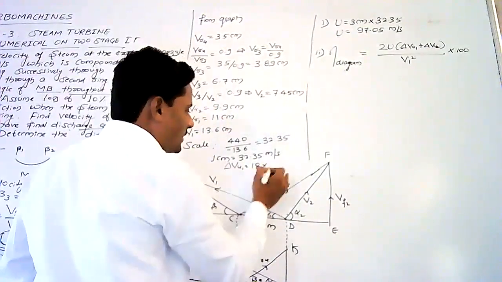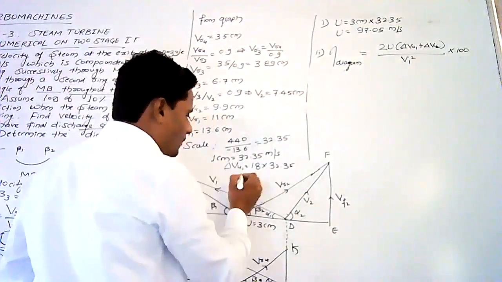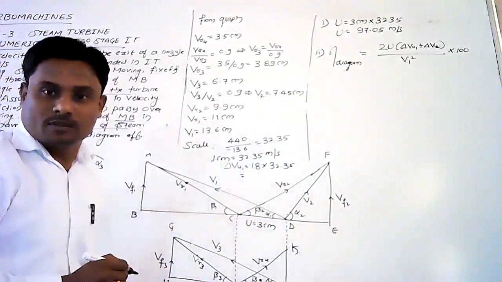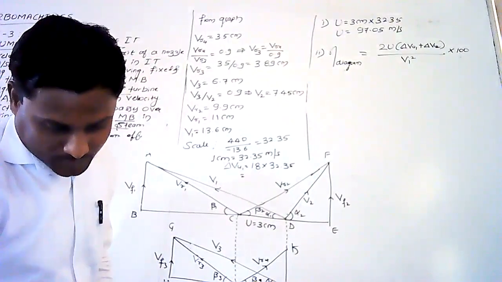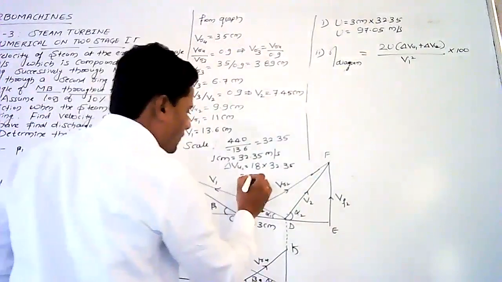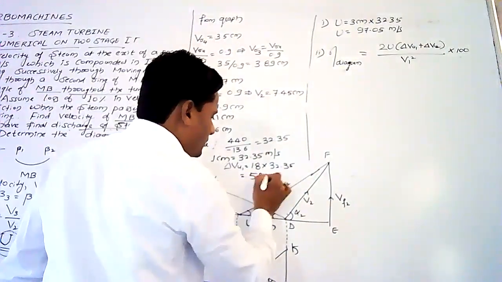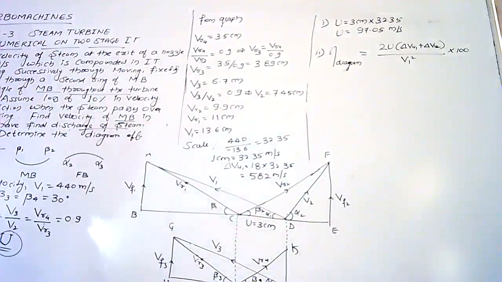So if you multiply with the scale ratio, that is 32.35, the value of delta VU1 in terms of meter per second is 582 meter per second. So we got the delta VU1 value.